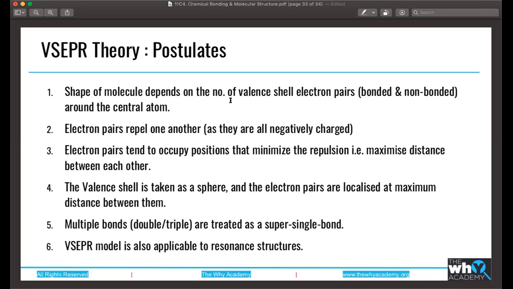Electron pairs repel one another because they're all negatively charged, and because they repel each other, they tend to occupy positions that minimize the repulsion. To minimize repulsion you need to maximize the distance between the electron pairs.